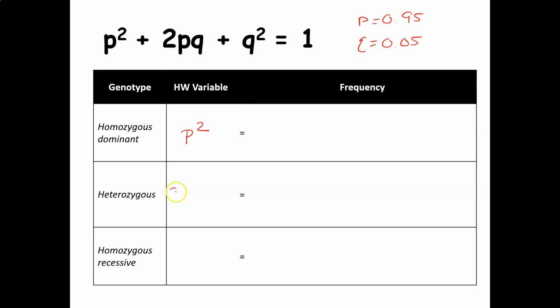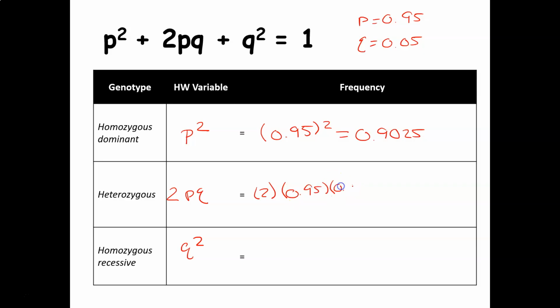My heterozygous is my 2pq, and my homozygous recessive is my q squared. So now I'm going to plug in these values to calculate the frequencies. If I know that my p is 0.95 and I square it, then the frequency of the homozygous dominant is 0.9025, or approximately 90%.